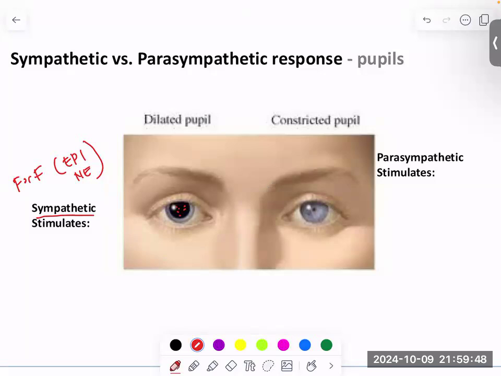Dilated. What does that mean? It opened up. In the fight or flight response, when you're running from a predator, having to fight a prey, do you want more light or less light going into your eye? Why do you want more light going into your eye when you're fighting a predator, fighting a competitor? So you can get more visual information. You're going to be a better fighter.